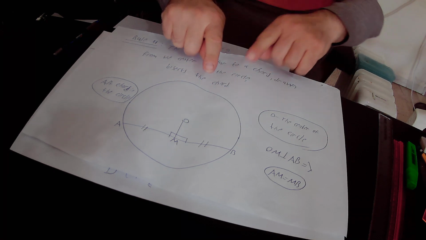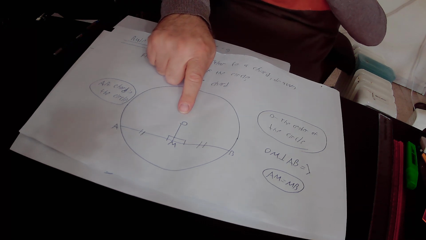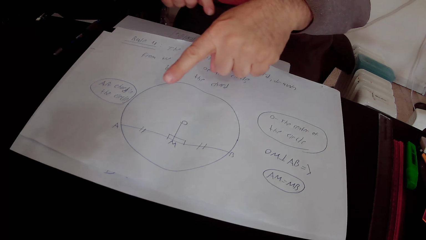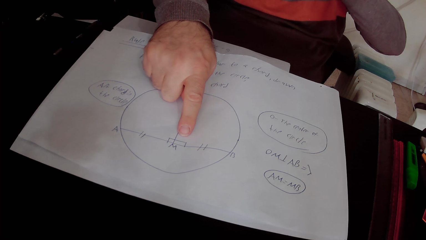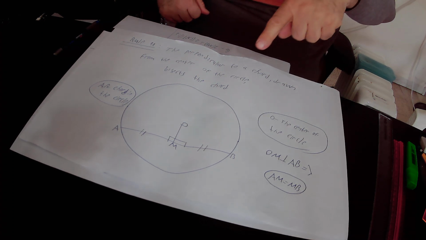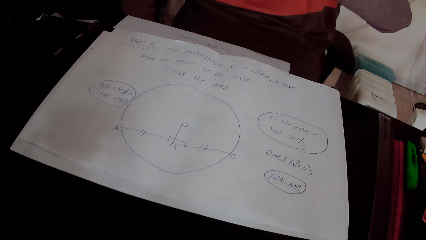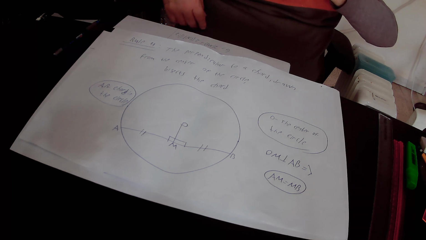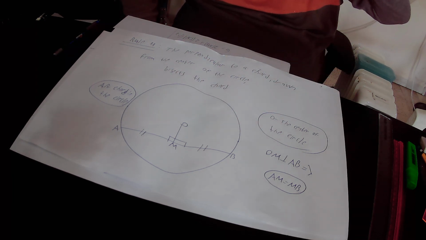Inside this circle we have chord AB. The center of this circle is at point O. From point O we draw a perpendicular on chord AB. So this angle equals 90 degrees and this angle also equals 90 degrees according to our construction. We define the touching point of the perpendicular from point O and AB as M. So OM is perpendicular to AB.